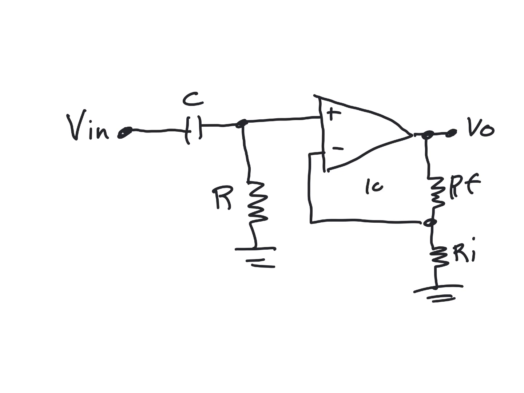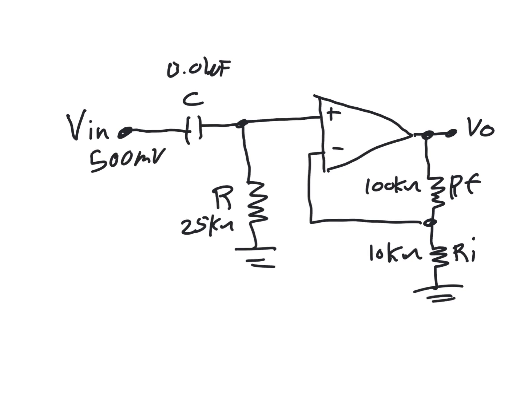So let's let that be 100. Let that be 10. And let that be 0.01, 25K, 100K, 10K, and let's let that be 500.